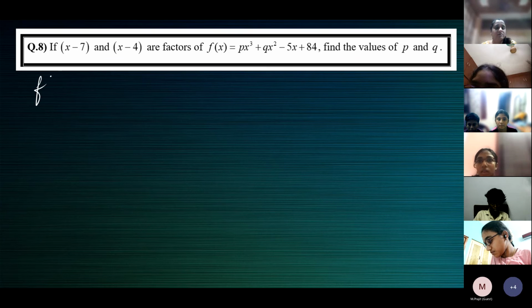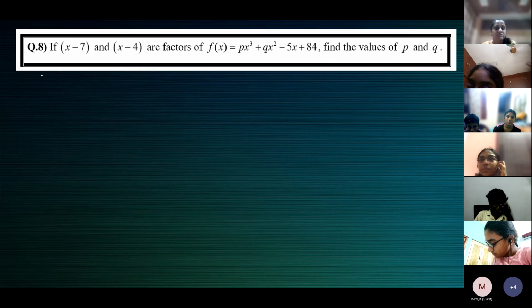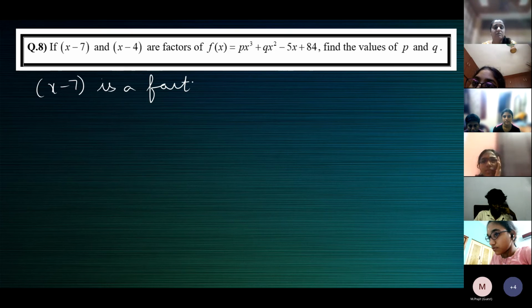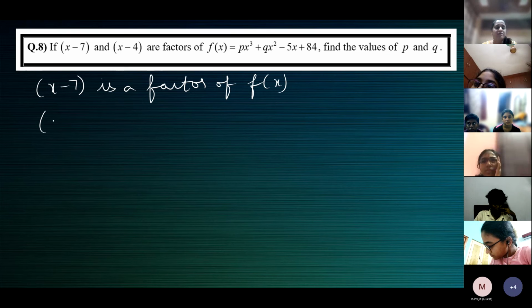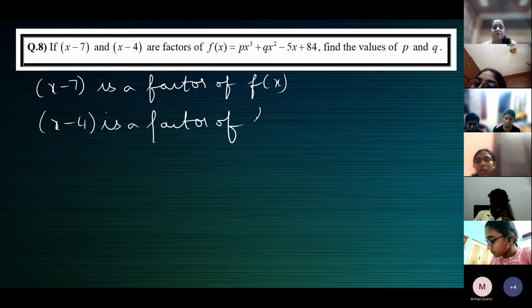F of x is divided by x minus 7, x minus 7 is a factor of f of x. X minus 4 is also a factor of f of x.